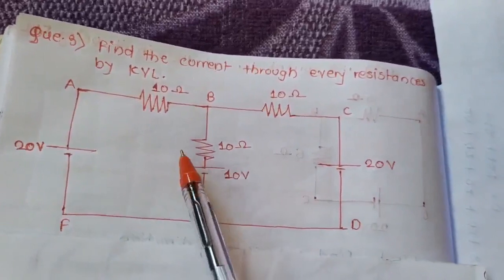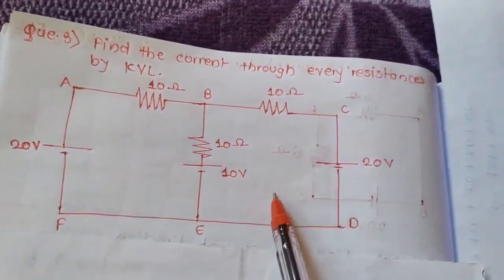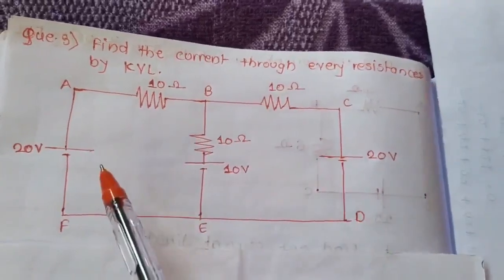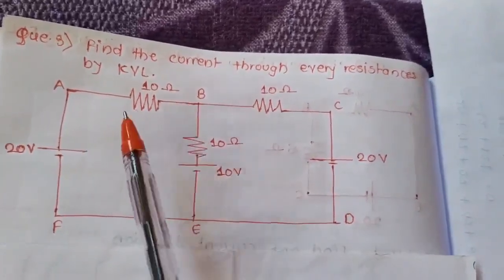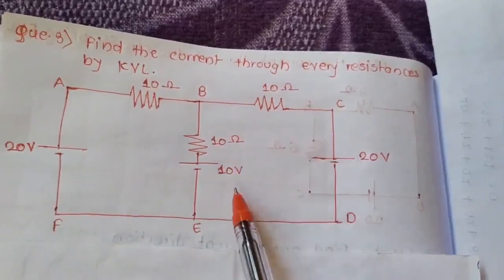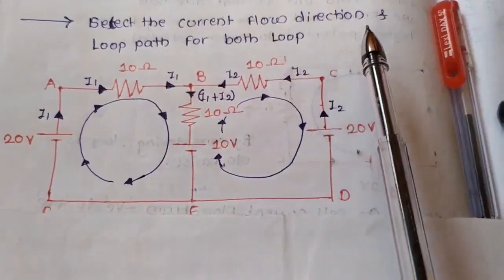Take clockwise direction of a path, hence we get direction of path and current for this loop, and again for this select the current flow direction.